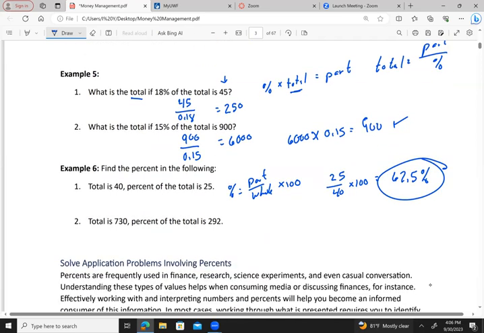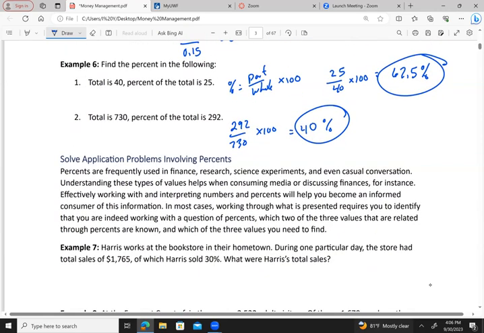The total is 730, and the part is 292. 292 over 730 times 100. 292 divided by 730 times 100 is 40%.